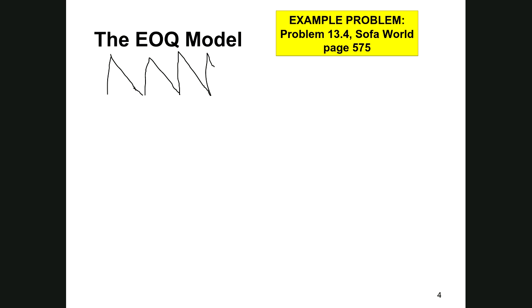And so the question is, how many days are we operating? We're not really told exactly how many days, but if we assume that we're operating 365 days a year, and we know that we have 3.24 orders during the year, then the time between each order, since each of these little cycles is constant, is going to be 113 days.